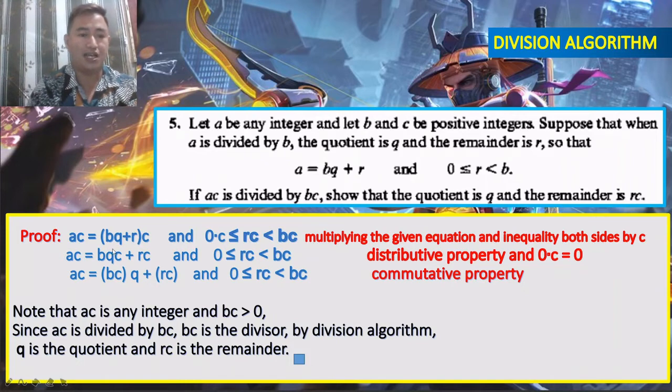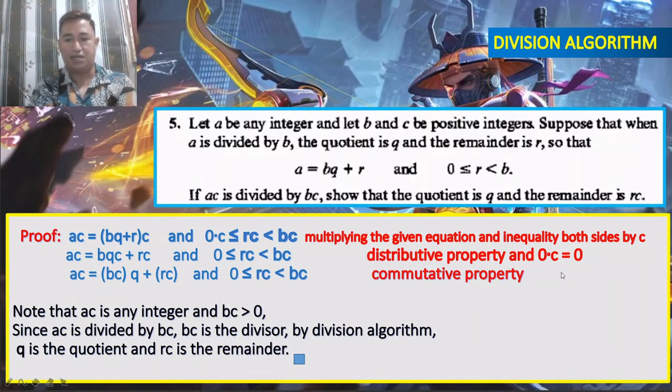Are these all integers? R times C is still an integer. And 0 times C is 0, so 0 is less than or equal to RC, which is less than BC. The reason is the distributive property, where we distribute R, and 0 times C is 0 because C is a positive number.